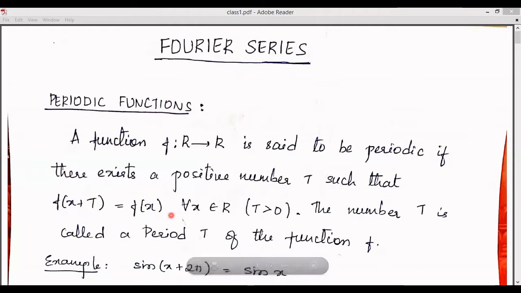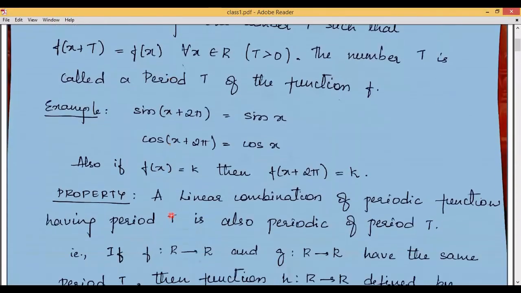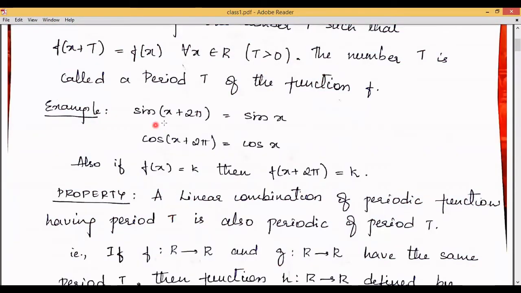To be more clear, let's take some examples. Sine of x plus 2 pi is equal to sine x. So here sine x is a periodic function of period 2 pi. Similarly, cos of x plus 2 pi is equal to cos x.